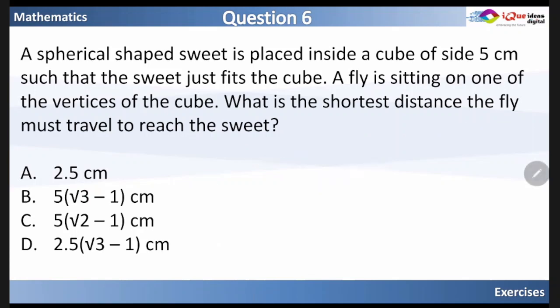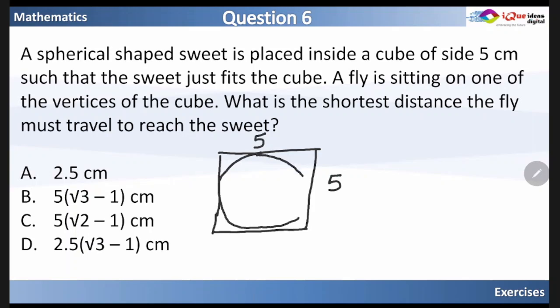Okay. So now that we know the formula, there is a cube. I'm just drawing it in two dimension, of sides 5 centimeter and a sphere is just inside. So first of all, can I say that the diameter of the sphere will be equal to the length of the entire side?